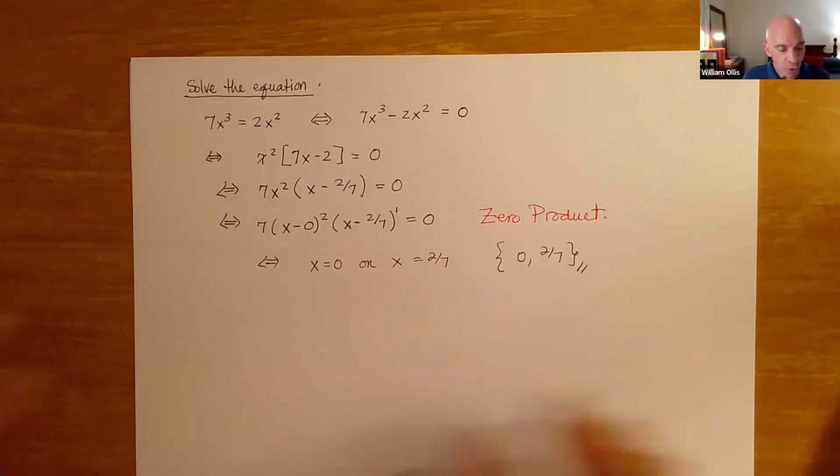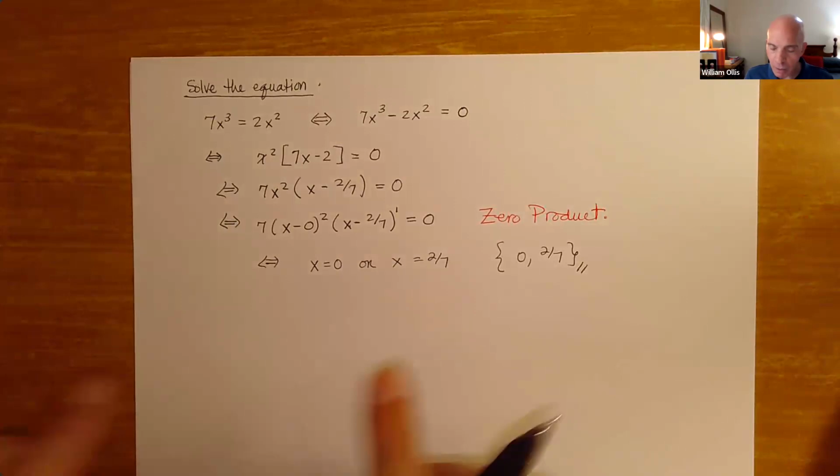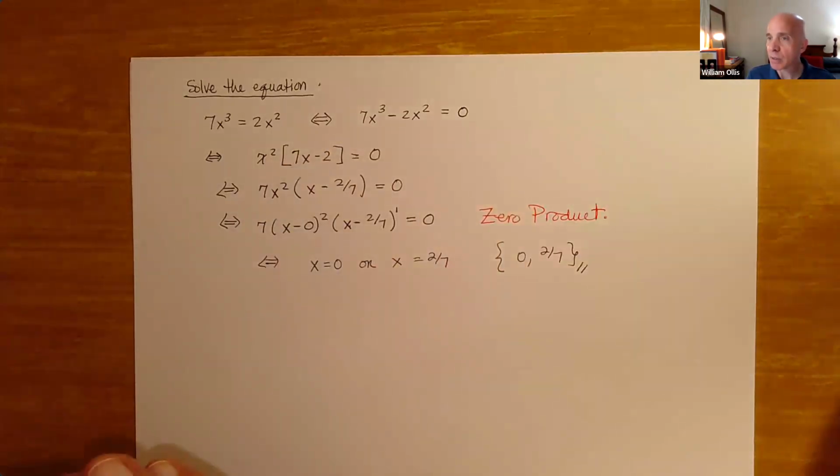So when you think about factoring, again, this is where you have to look at the equation and think about the theory that we've used. And the zero product is a big element of solving. I mean, this is something that you've been introduced basically when you started your algebra study in high school.